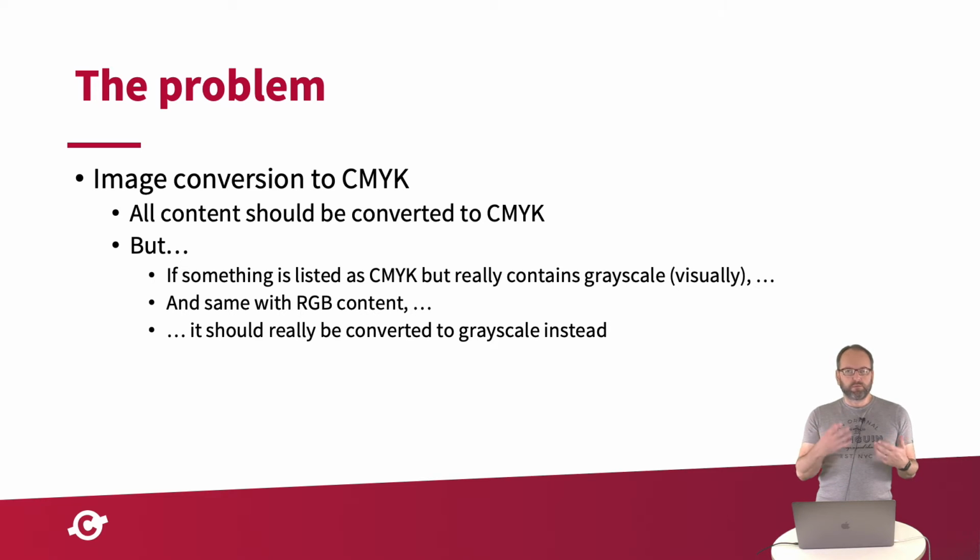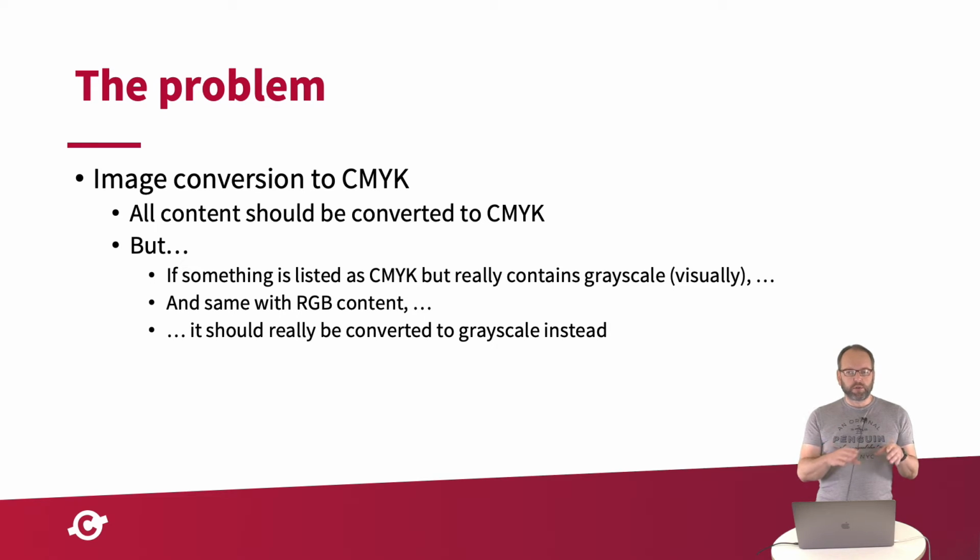But if you look at it visually, or if you would analyze the pixels, you would see that it only has grayscale content. So it's a completely neutral image. And so it would have been smarter if it was encoded as grayscale, because then it would be smaller and we wouldn't have to convert it if a conversion to CMYK happens here.